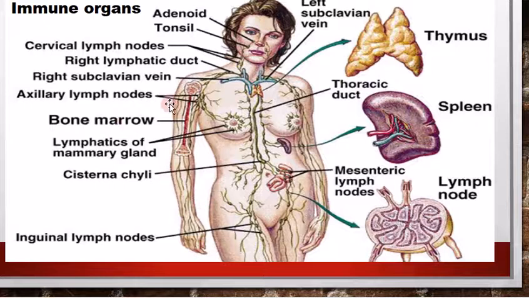Similarly, here in your bones is shown the bone marrow, a very important organ, and therefore it is shown here. So these four organs are very important, and you'll also see the lymphatic vessels, this thread-like structure, where lymph is moved from one part of your body to another.